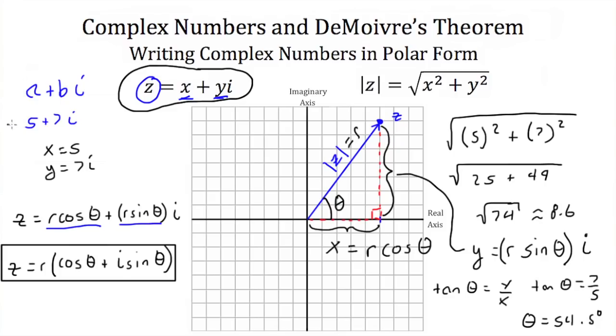So if z is 5 plus 7i, I could write that as the square root of 74, because that's my r value, times the cosine of 54.5 degrees, plus i times the sine of 54.5 degrees.